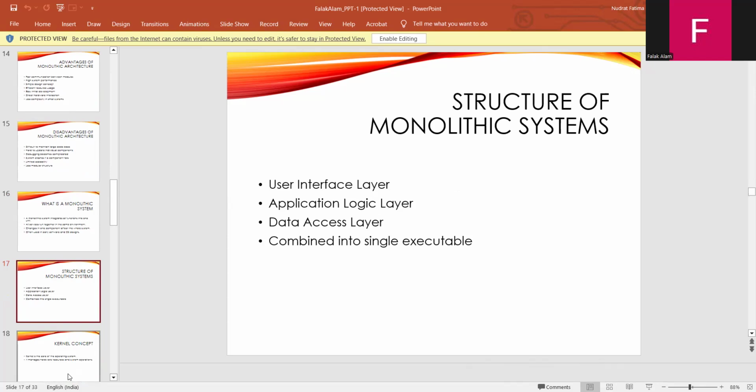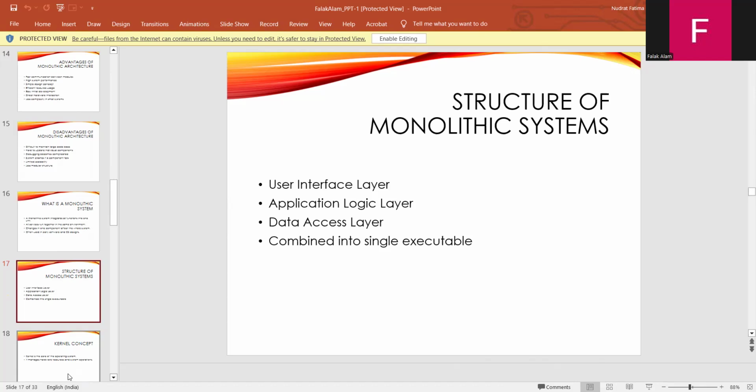Now moving forward with the structure of a monolithic system. A monolithic system usually includes three layers. The first one, user interface layer. Second, application logic layer. Third, data access layer.